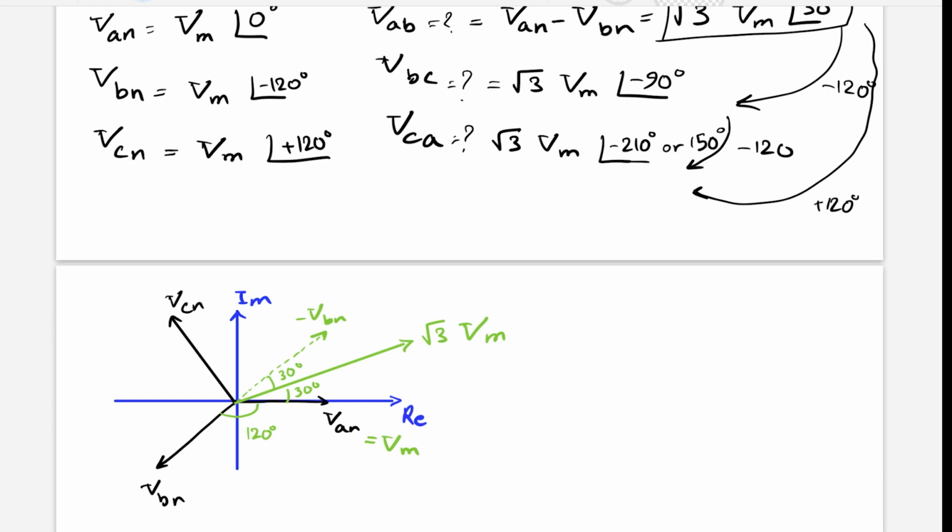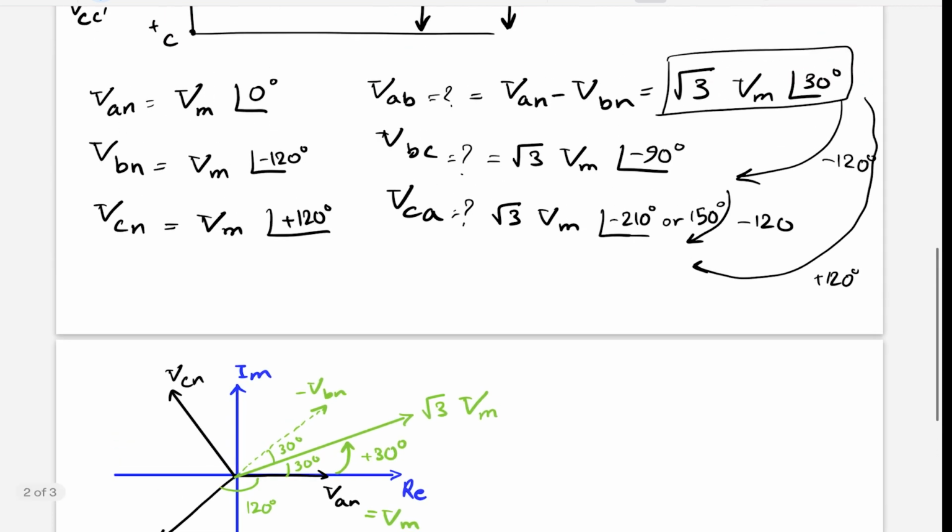I'm not going to write them, but you know this. This will be radical 3 of Vm. I'm just writing their magnitude. And the phase difference here, you can see it is plus 30 degrees, as shown here.